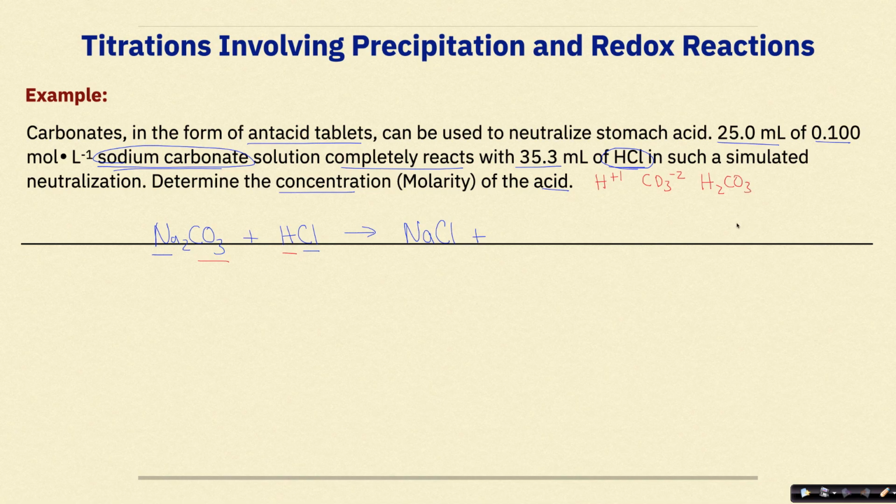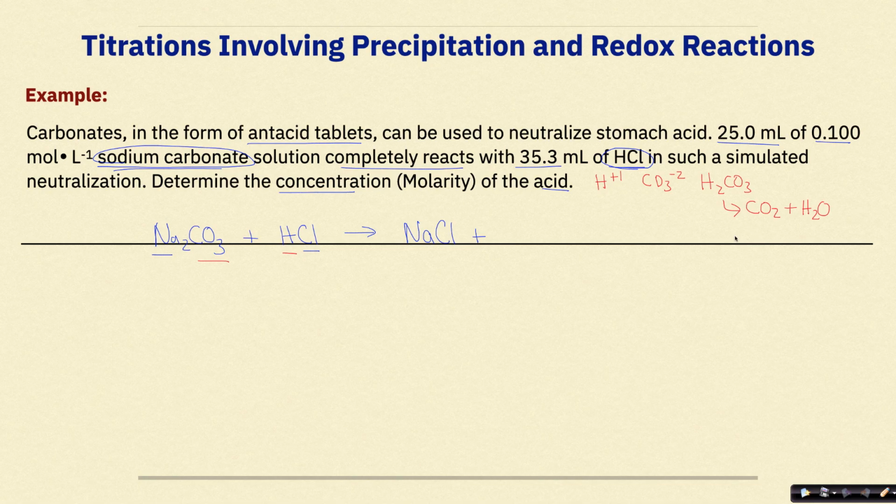H2CO3, carbonic acid, which is extremely unstable, and in these types of equations will automatically break down into CO2 and H2O, which I mentioned in a previous video. So as soon as you see hydrogen carbonate, most likely, if you're my student, you're going to break it automatically down into CO2 and H2O.